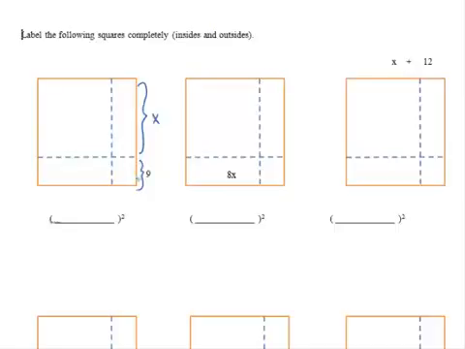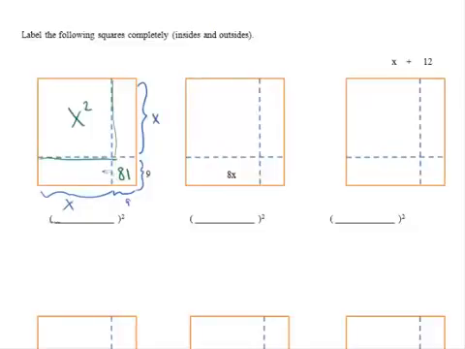So since this length is 9, we can assume that anything on this side is symmetric, so this is also 9 and that this is also x, because they're squares. Since this is 9 and 9, this area inside of here has an area of 81. Since this distance here is x and this distance here is x, this larger square has an area of x squared.